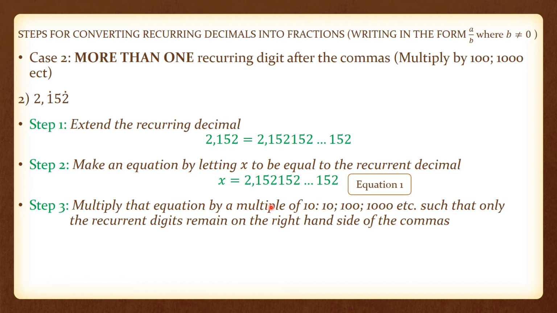In this case, we will not multiply by 10 because we have 3 digits, neither by 100, but we multiply by 1000. So we do 1000x equal to, when you times by 1000, you move the decimal point 3 times, 1, 2, and 3, and then you place the point there. So this becomes 2152.152 recurring. We call it equation 2.